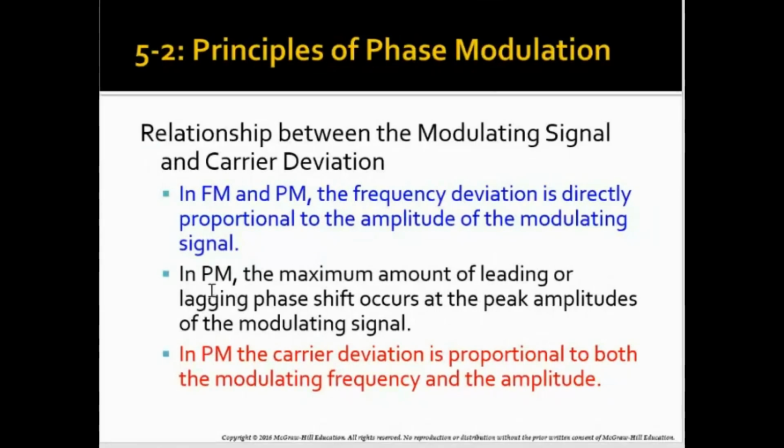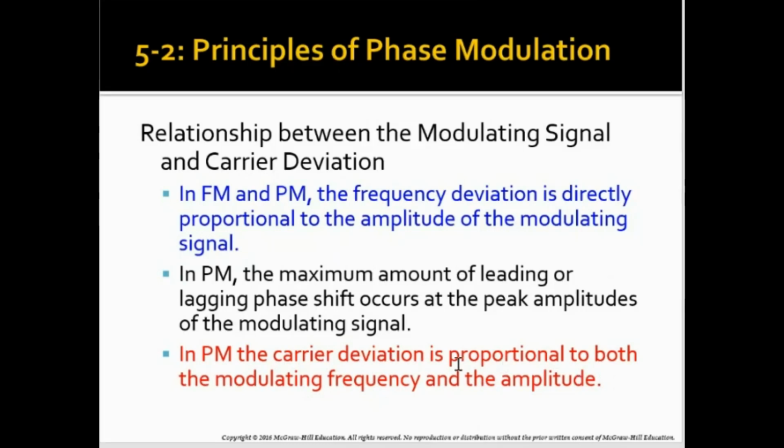In phase modulation, the maximum amount of leading or lagging phase shift occurs at the peak amplitudes of the modulating signal. In phase modulation, the carrier deviation is proportional to both the modulating frequency and the amplitude.